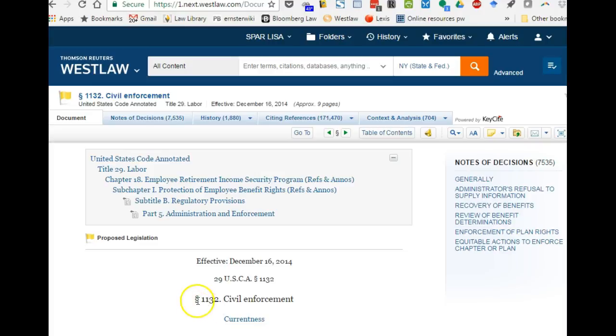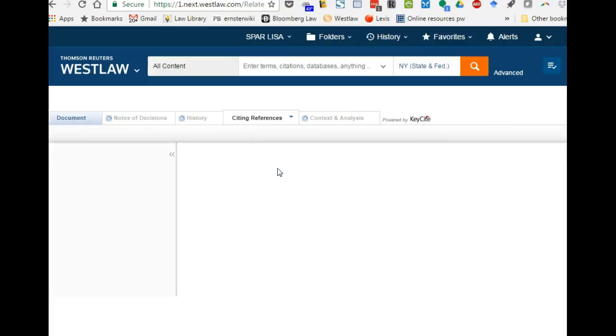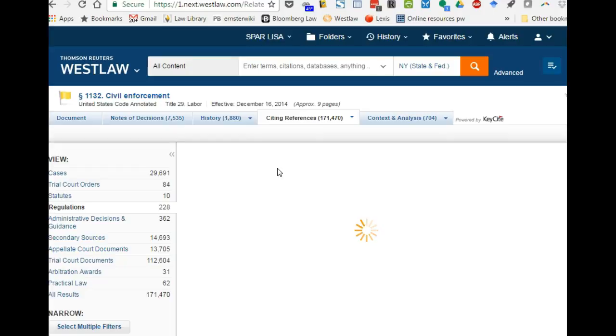But if you notice, we are looking at good old USCA, but it's not good old 1144. It's not quite as old, 1132. And I chose that because I knew I could look at citing references, and I would find something, regulations. The problem with these citing references, regulatory references, is that they are hit or miss.